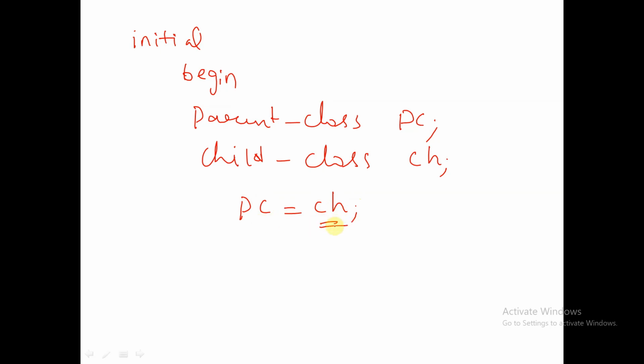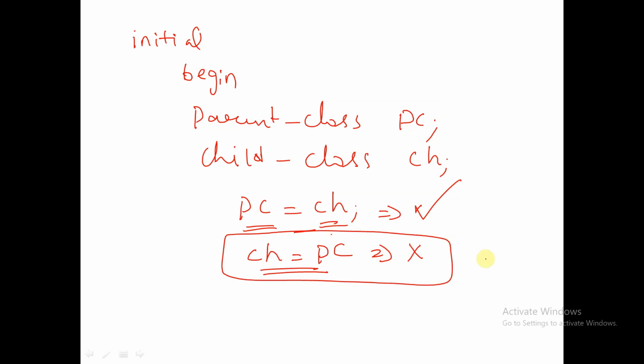So a child class handle can be assigned to a parent class handle. This is correct. And vice versa, that is, a parent class handle cannot be assigned to a child class handle. This is wrong. So remember this assignment is not correct. We will get a compilation error that a parent class handle cannot be assigned to a child class handle.